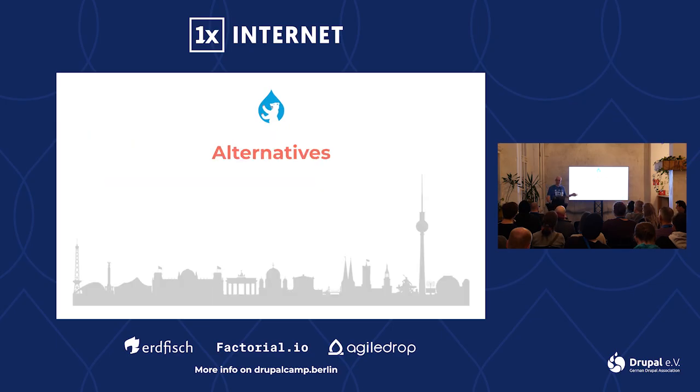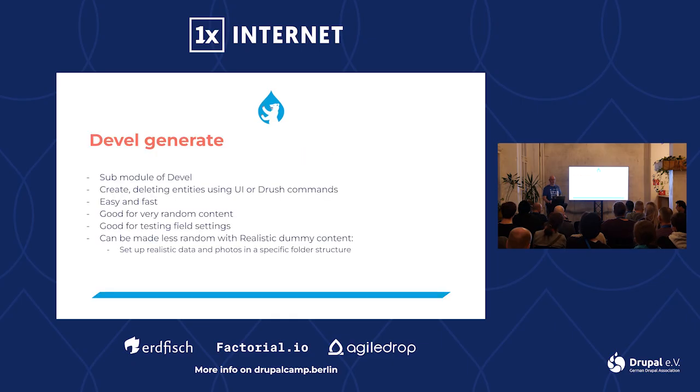So if you think this is all too much work or too slow, then there are also some alternatives. Our most favorite one, I think we all know it and we all use it, is Devel Generate. It creates all these entities for you super fast and in a convenient way. You can do it in the UI, you can do it using Drush, and it's great for random content.